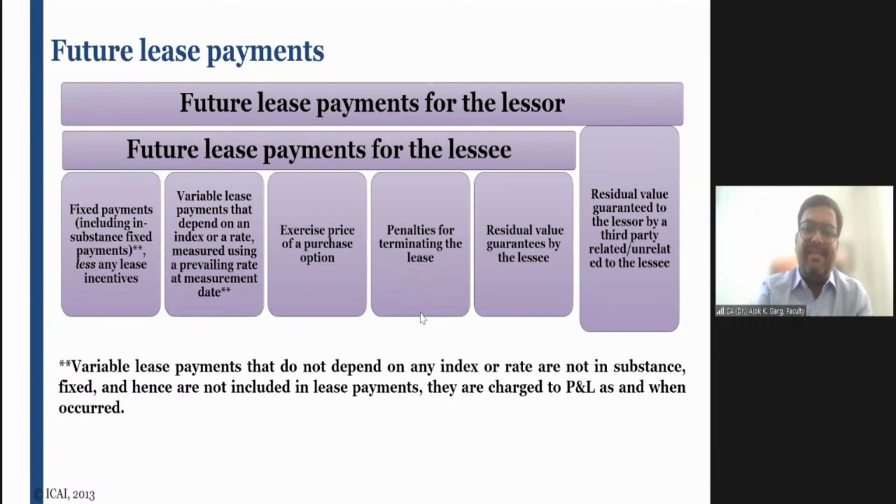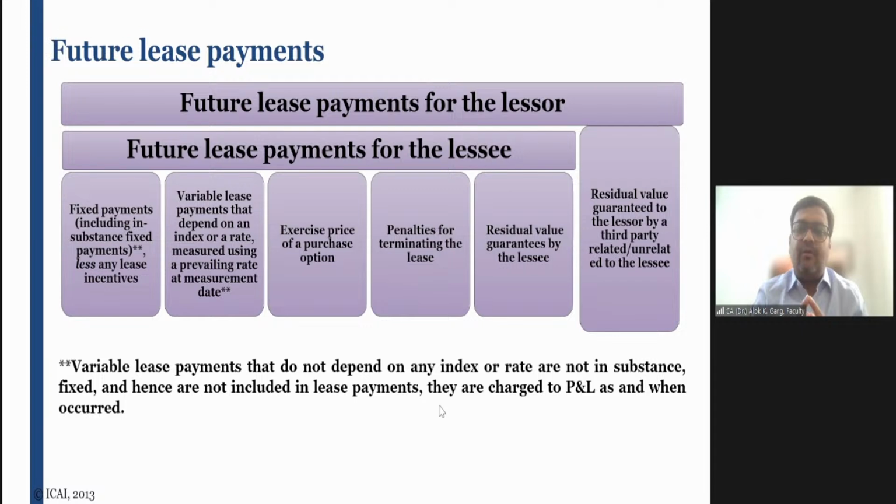So Manoj is reasonably certain that he will exercise that purchase option. So there is an exercise price given in the contract that after 10 years, Manoj will be able to get this car at 50,000 rupees. And the contract is for 10 years.